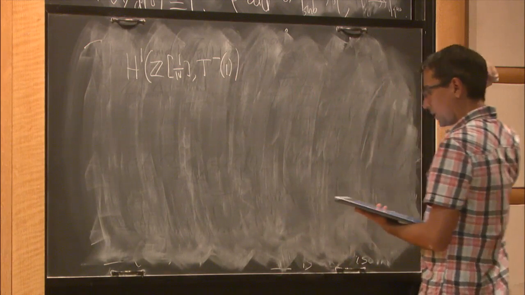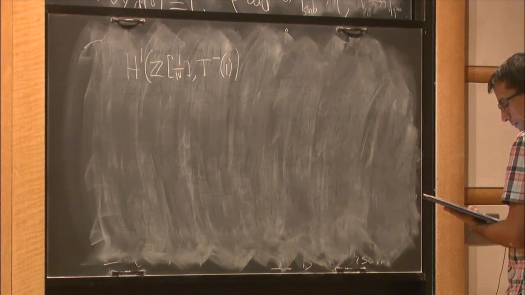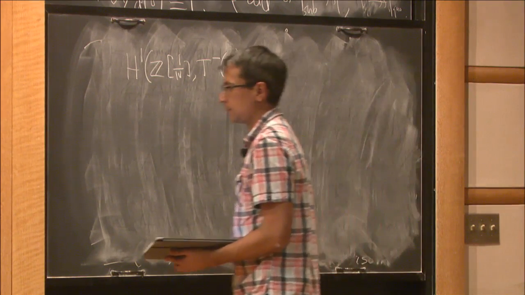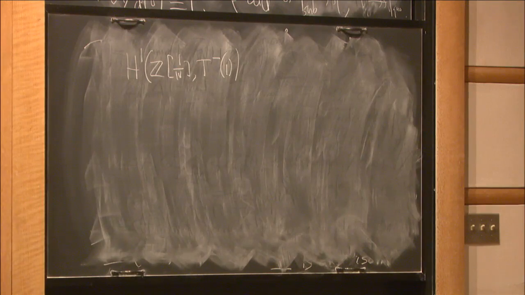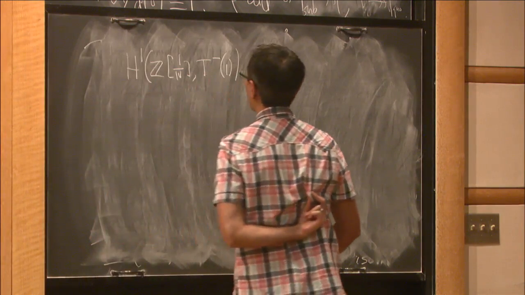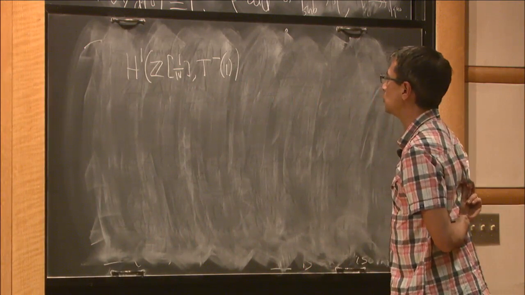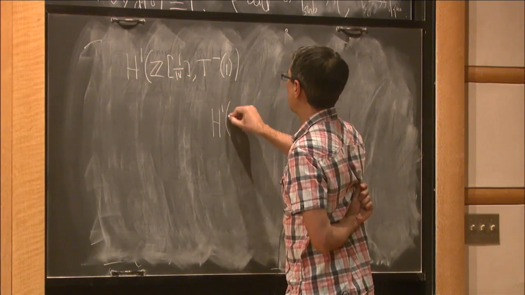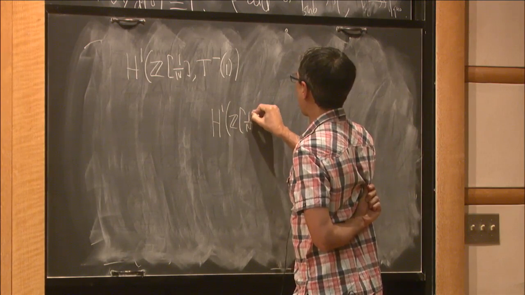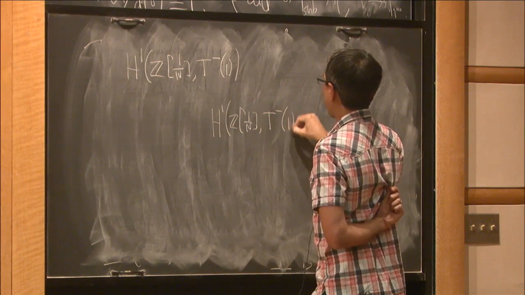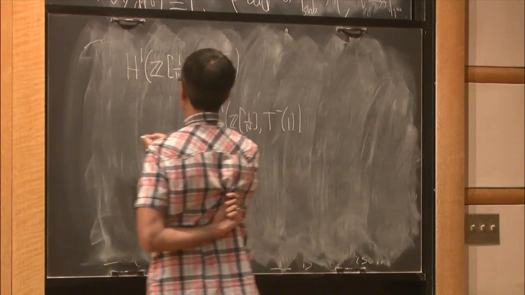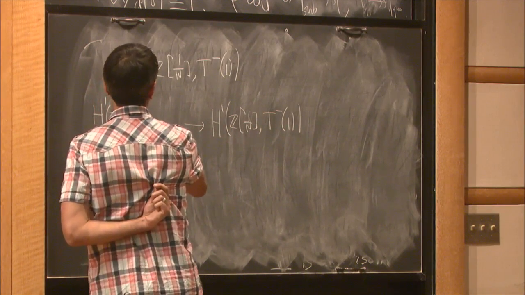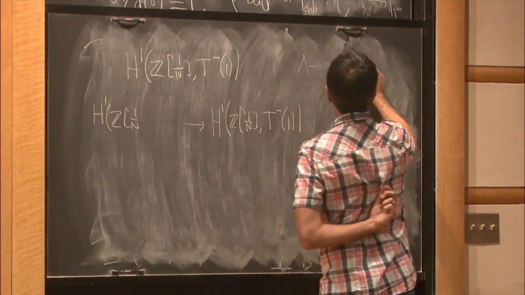So I claimed earlier that this thing is y. Let me explain why that is. I explained why H2 gave you y. So H1 you can think of as sitting inside a long exact sequence with lambda going to lambda mod c.